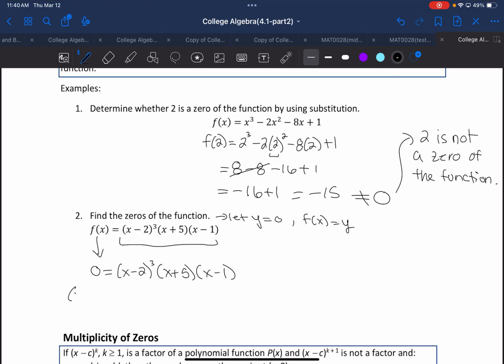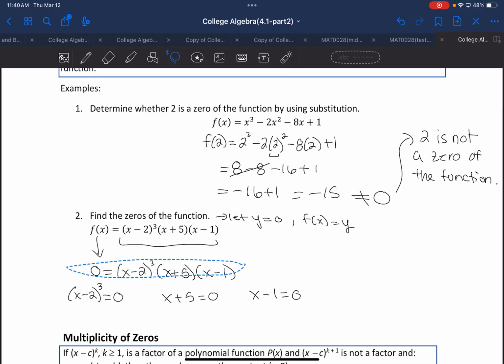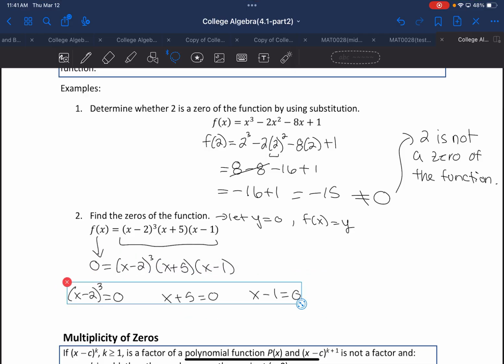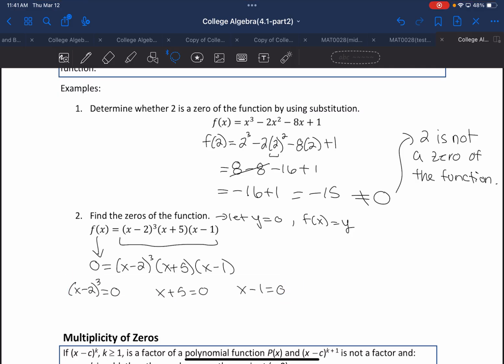So I would have x minus 2 all cubed equal to 0, x plus 5 equal to 0, and x minus 1 equal to 0. So I have 3 equations now to solve.